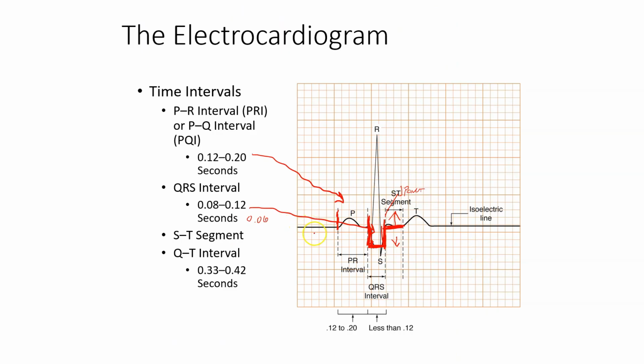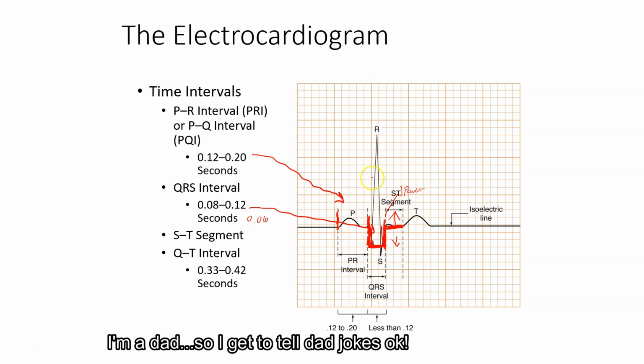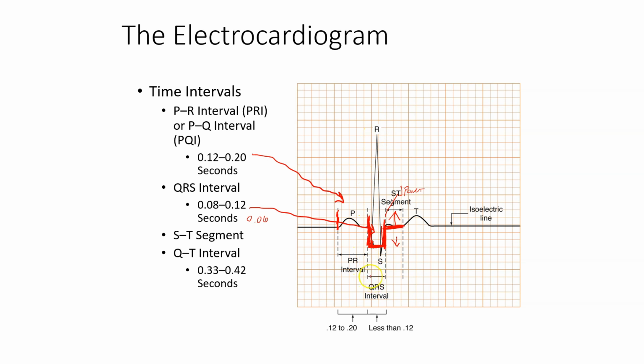And then finally, our last thing that we take a look at is our QT interval. We know that our QRS duration starts here, and here is our Q. Then we bring it all the way over here to where that T wave ends.